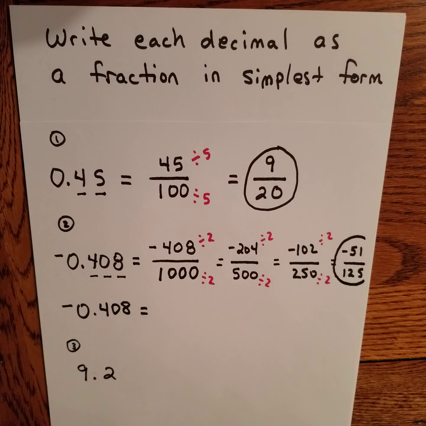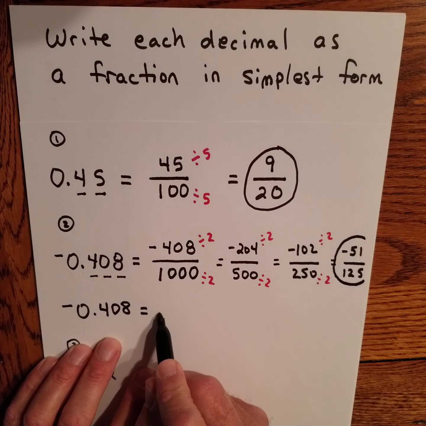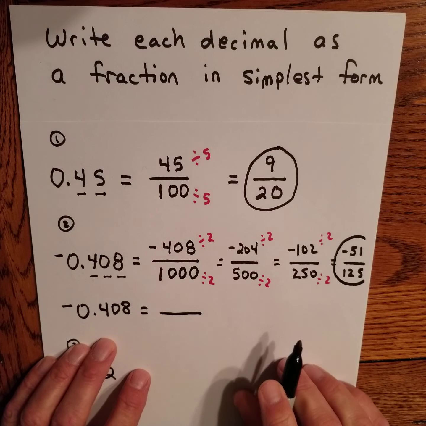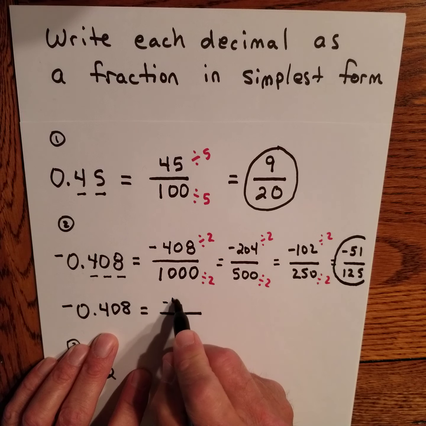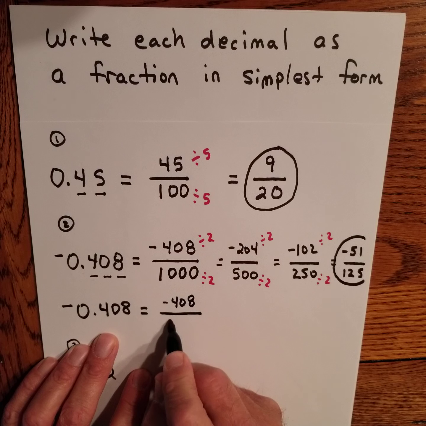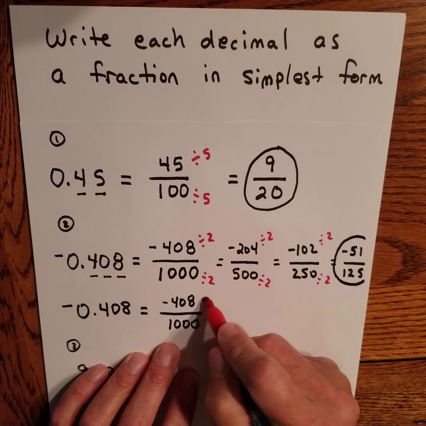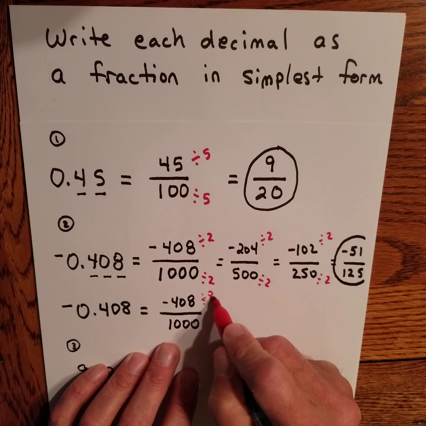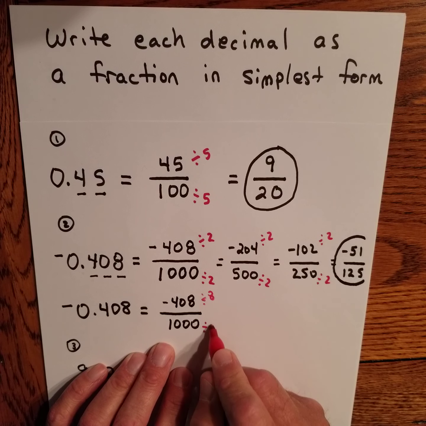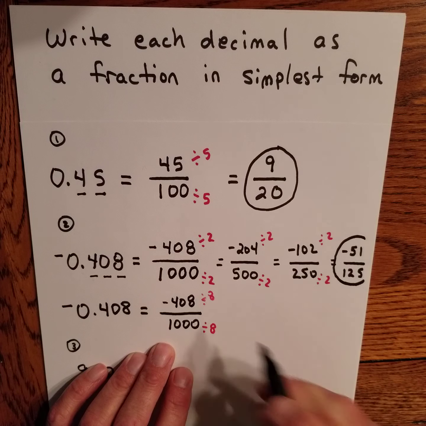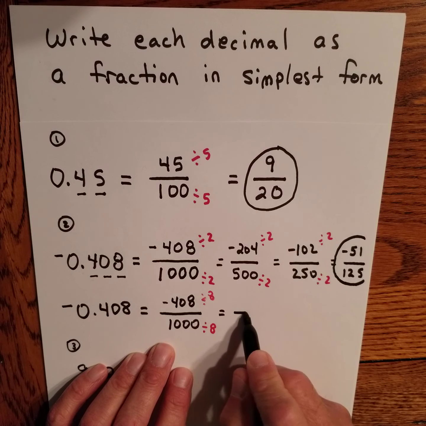Now, if we're tricky, we might be able to do this problem quicker. Let's restart it. Negative 408 over 1000. I'm going to notice that top and bottom are both divisible by 8. That way I can do this in one step.